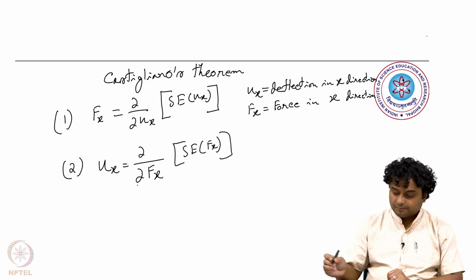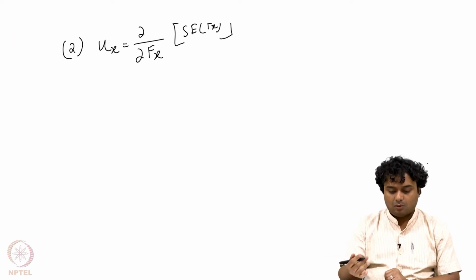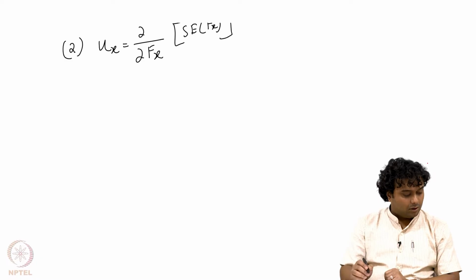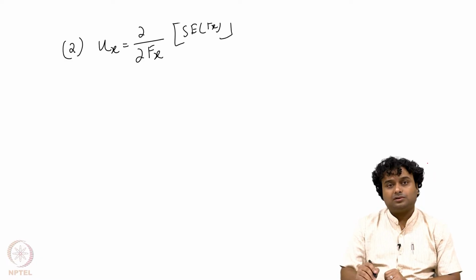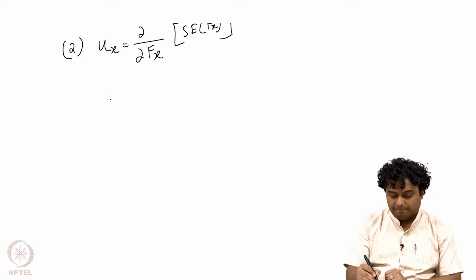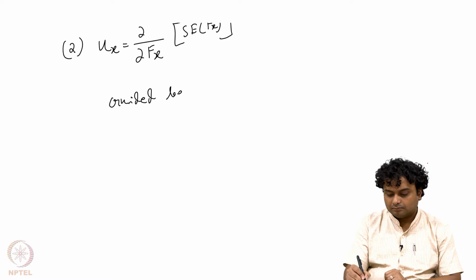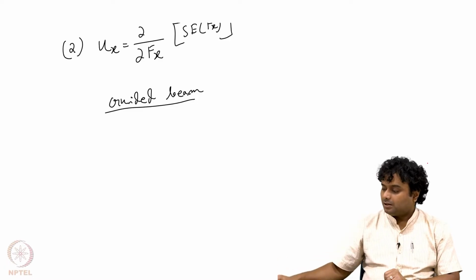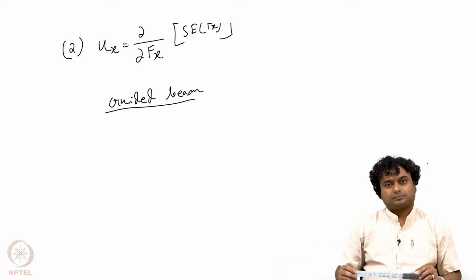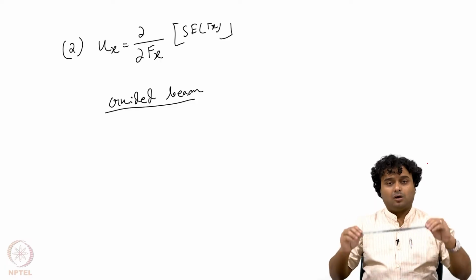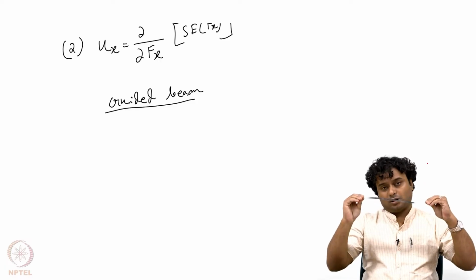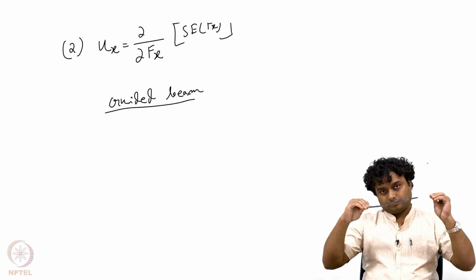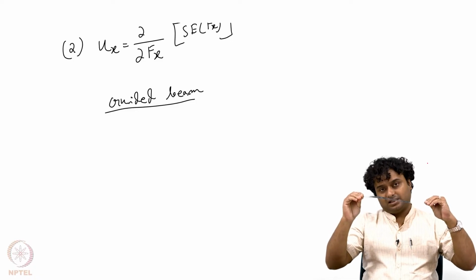Before we go into exactly how we apply this theorem, we will consider one of the cases which we discussed in the last class, that is the guided beam. If you remember, the guided beam was the case where one side is fixed and the other side moves without any rotation at this end or any movement in this direction.